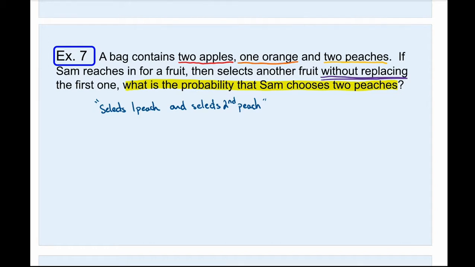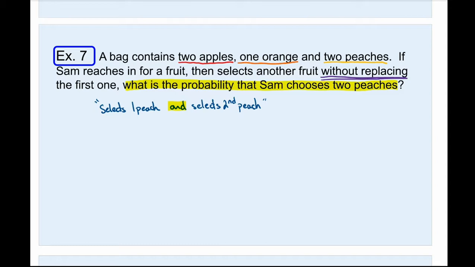So in this case, the probabilities are changing, or at least the keyword "and" should be a signal that we're looking at independent or dependent. Because he's not replacing the fruit, so he's taking the 1 fruit out and leaving it out. That changes the probability or the outcome of the second fruit.